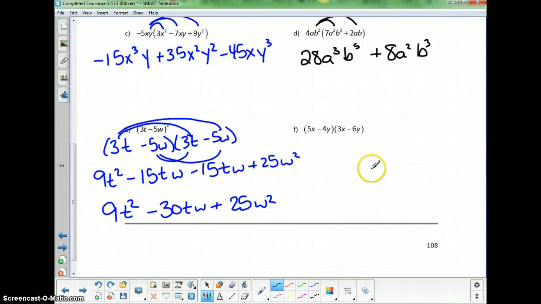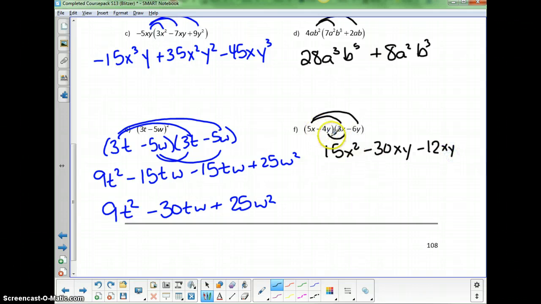Okay, and then our last one here, one more distribute. Let's make sure we multiply 5x times 3x, 15x squared, minus 30xy, minus 12yx. Let's just write them the same, xy. Alphabetical order is a good order. Plus 24y squared.